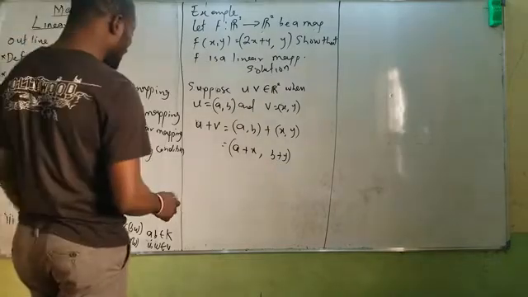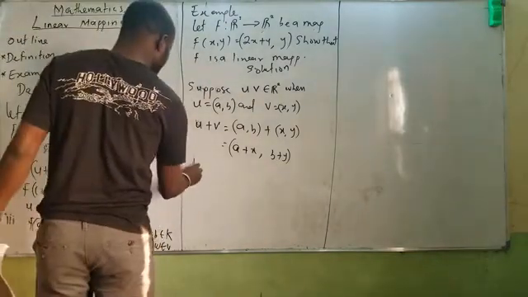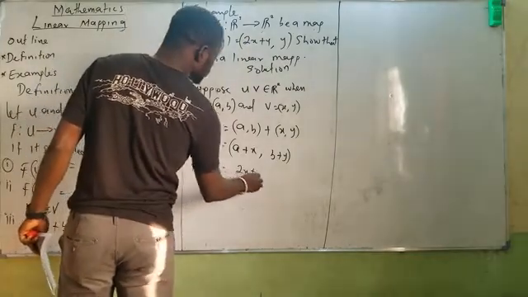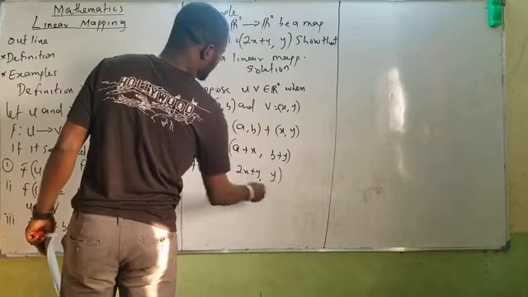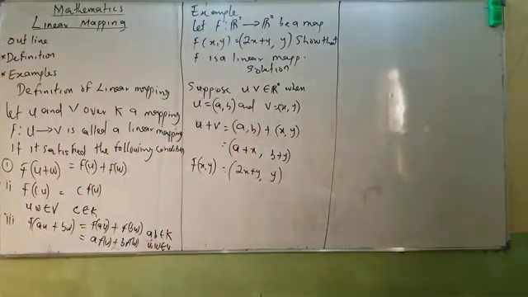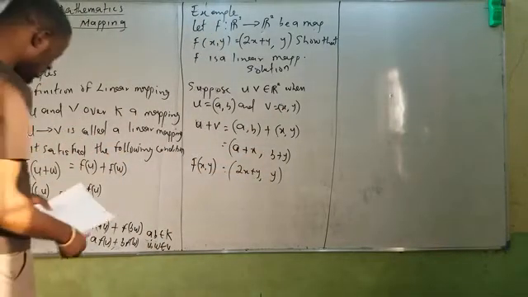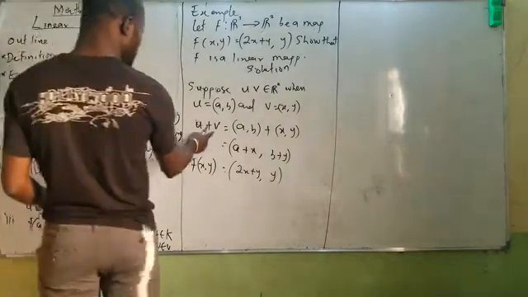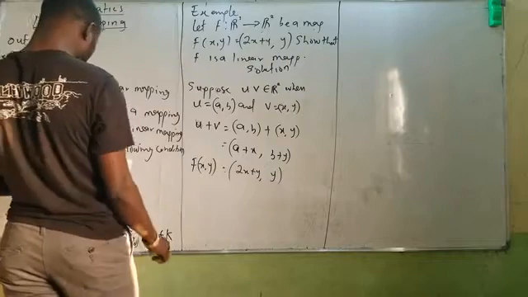Now, I can continue by coming back to f of x, which is equal to (2x plus y, y). Now, I will interpret this in terms of my u and v.